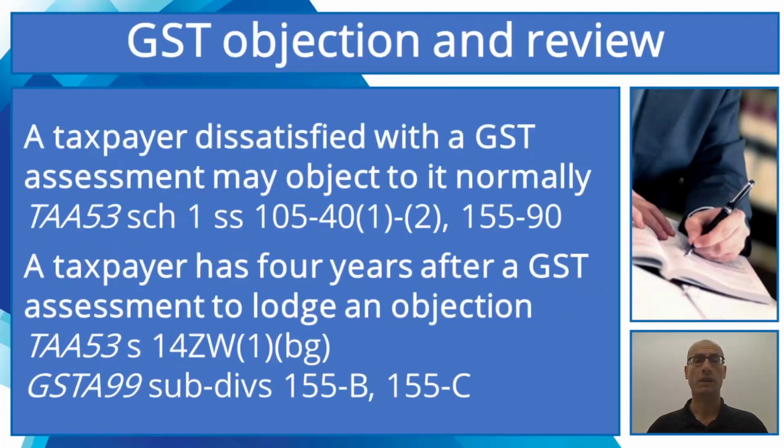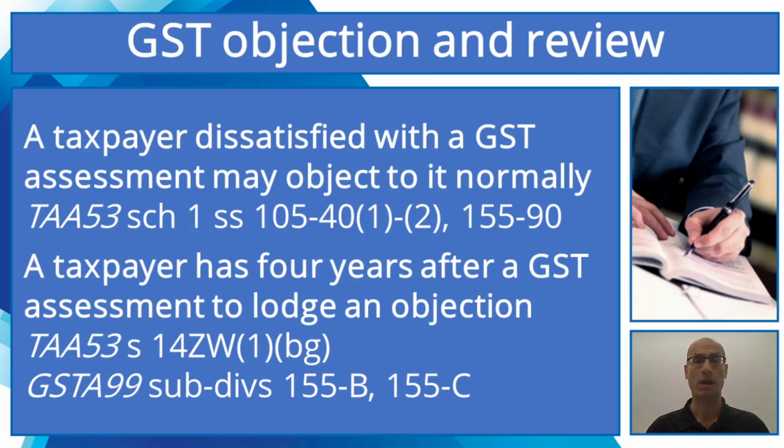All of the ordinary powers that a taxpayer has in regards to an assessment for income tax apply to GST. In other words, you have your assessment and you can commence challenging it by making an objection.